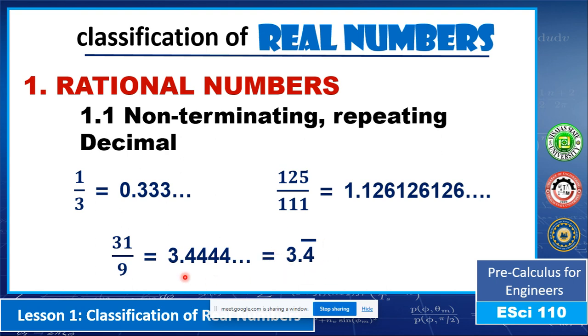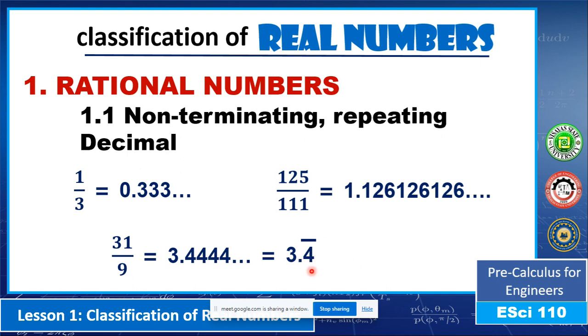You can rewrite 3.44 as just 3.4, but don't forget the bar. Because if you forget this bar, it would be a terminating decimal, just 3.4. So you must put a bar. Meaning, when you put a bar, this digit here, the 4, will be repeated infinitely.